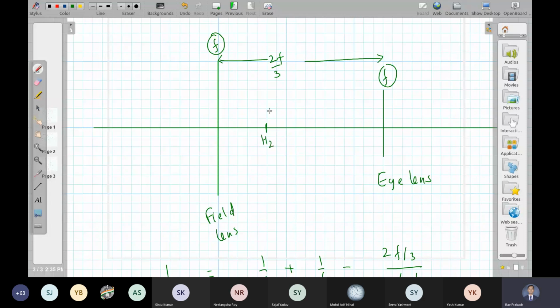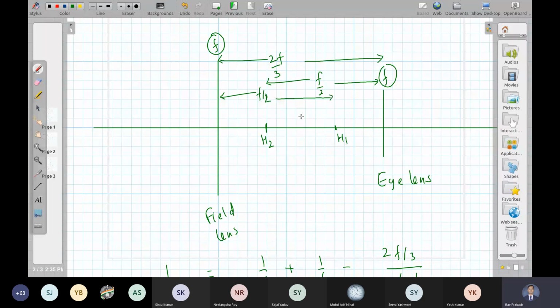This distance is f/2. Where is h1? Same distance but from the field lens. 1, 2, 3, 4, 5, 6, 7, 8, 9, 10, 11, 12. This is also f/2.